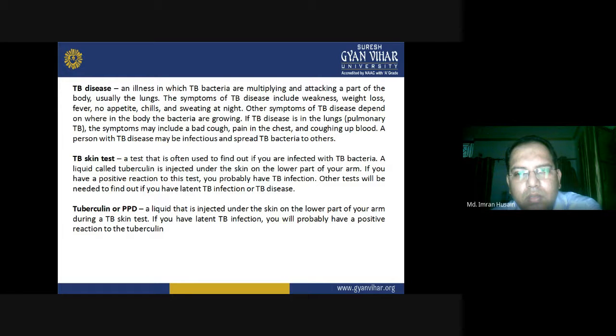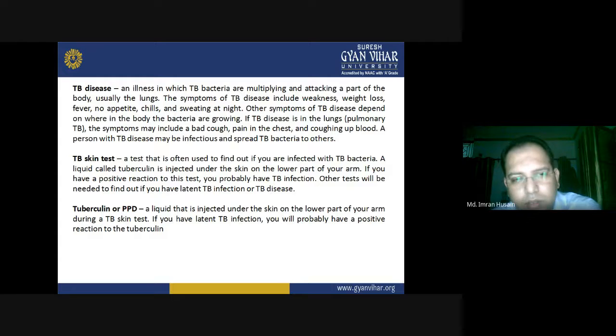Other symptoms of TB disease depend on where in the body the bacteria are growing. If TB disease is in the lungs, the symptoms may include a bad cough, pain in the chest, and coughing up blood. A person with TB disease may be infectious and spread TB bacteria to others.